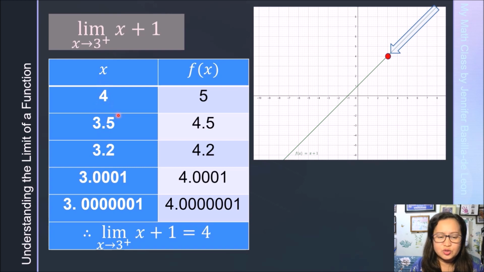Now look at the trend: as the value of x approaches 3, the value of f of x approaches 4.